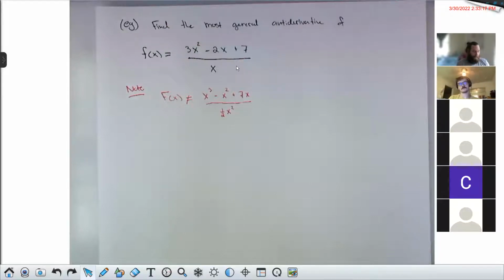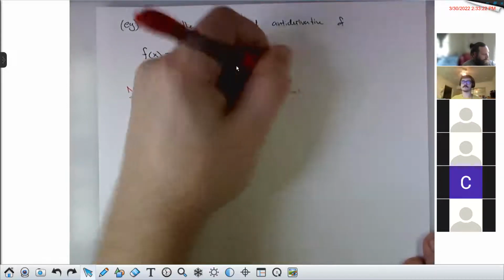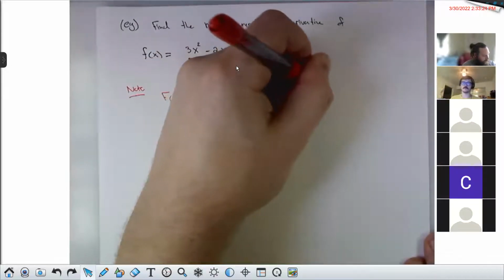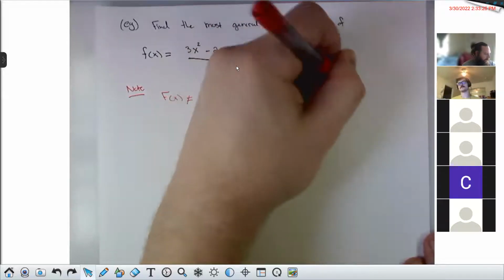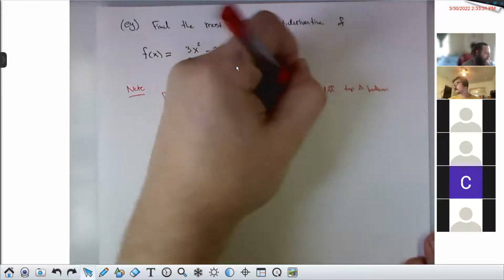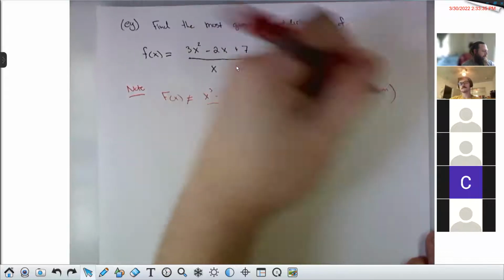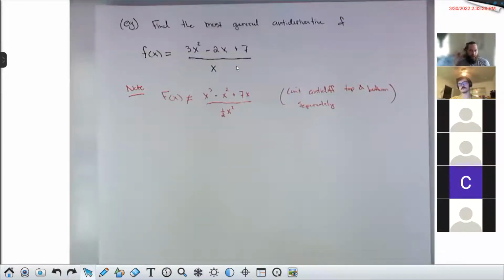We can't anti-differentiate top and bottom separately. And that should make sense, right? You can't take derivatives top and bottom separately. That's why we have the quotient rule. So there are things like a backwards product rule, backwards quotient rule, backwards chain rule that you have to learn for antiderivatives. We don't need that here, though. We just need some algebra.